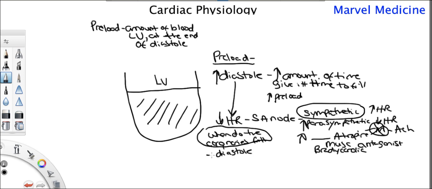Why? Because if you look at the muscle here, the myocardium, and you look at the coronary arteries that are actually on it, this is what they actually look like. This thin strip here is the coronary. This is the myocardium. If my myocardium is contracted really tight, and when does it contract? During systole, right? What's going to happen to the coronary?